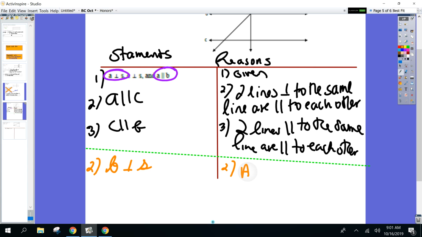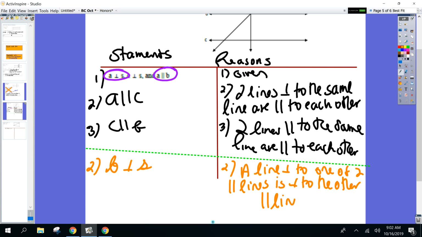So a line perpendicular to one of two parallel lines is perpendicular to the other parallel line. You're not done, though.